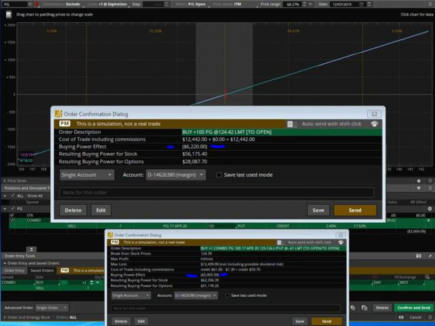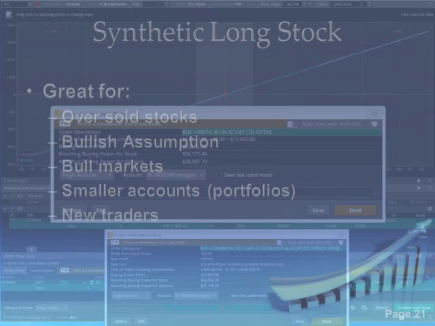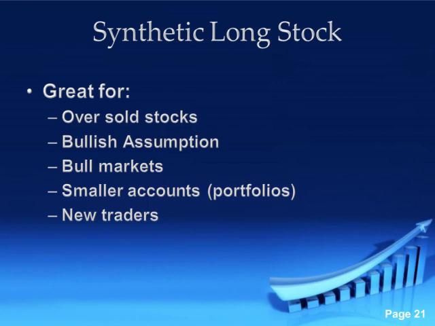Well, this gives us the ability to do almost twice as many different strategies when we're given a plethora of these different market assumptions based on candlesticks, Fibonacci's, or anything along those lines, right? All right, so it's great for oversold stocks. I'm a contrarian, so that's the one I like to look at.